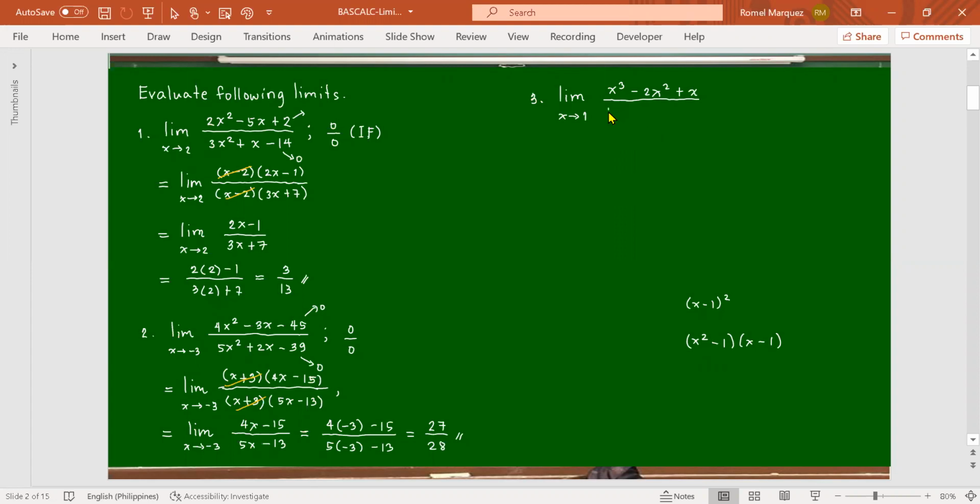What's the product of that? So this is x cubed minus x squared minus x minus 1.